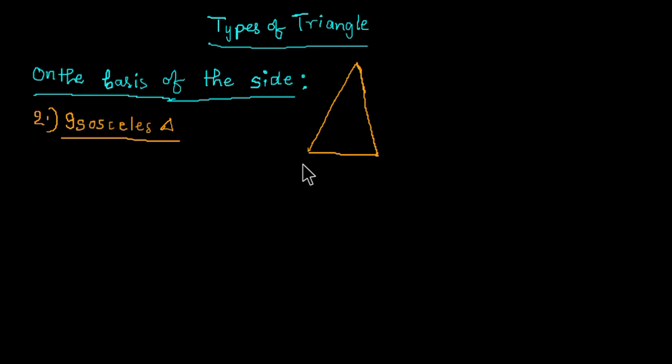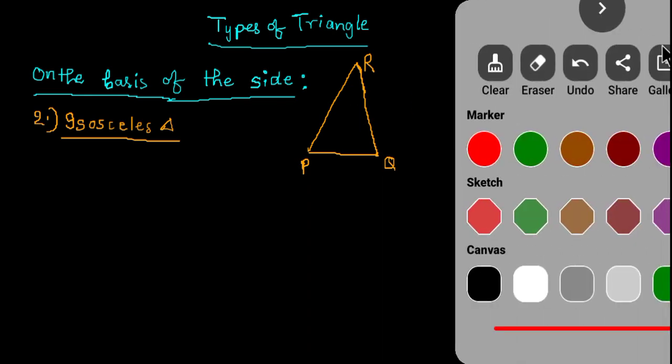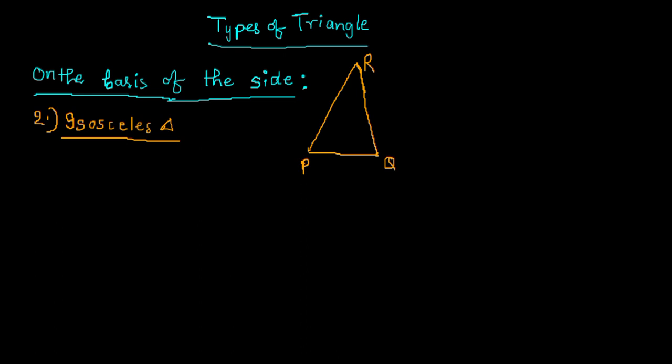Let's name its vertices points P, Q, and R. So first let's write its definition. What is an isosceles triangle?